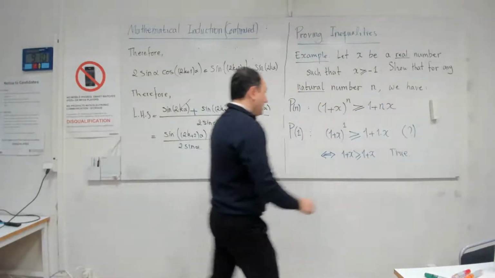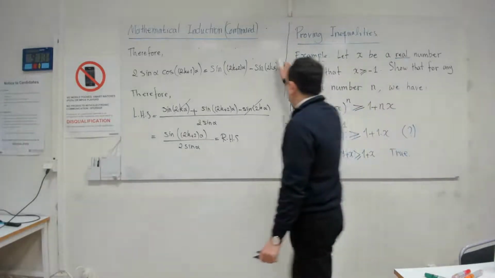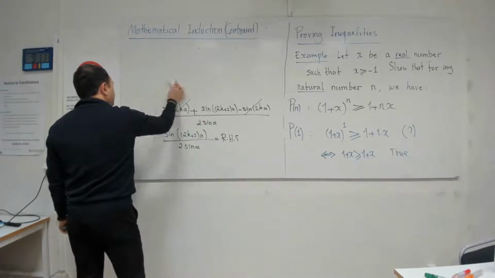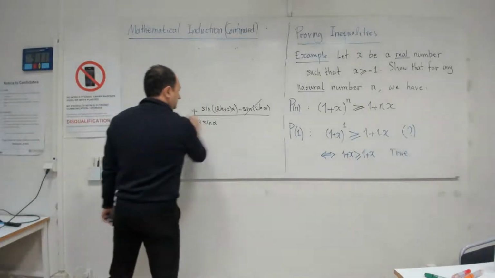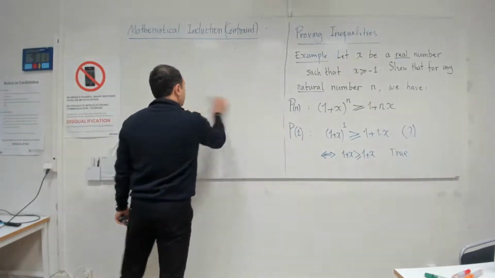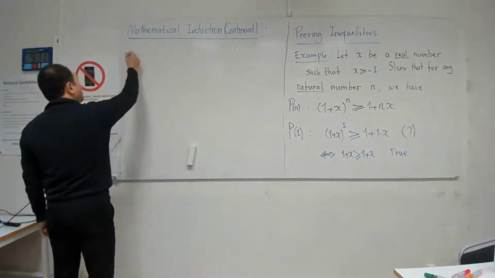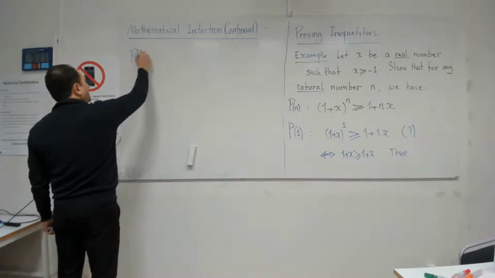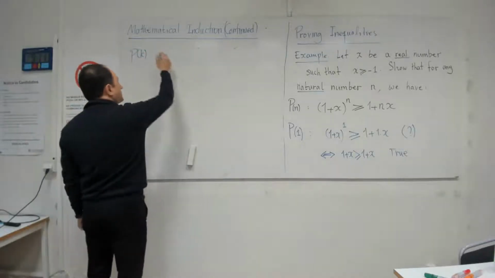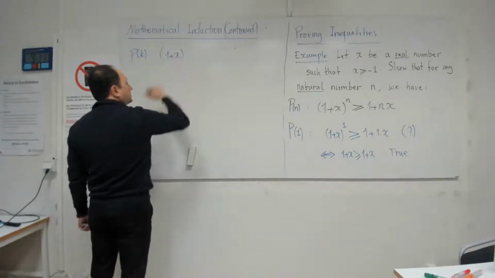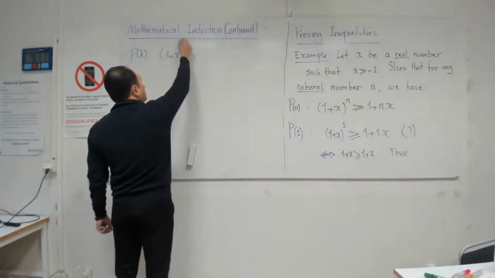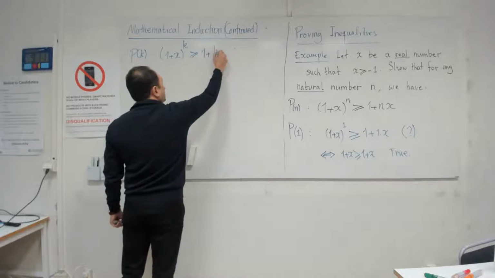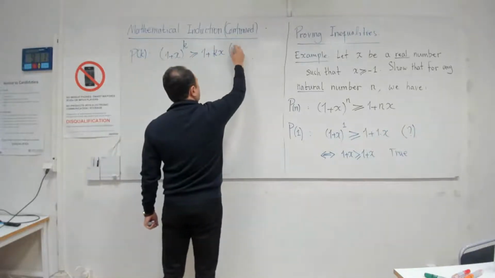Okay, now I need to write Pk and assume that this is true. So Pk, let me write with this blue one here again. So Pk is assumed to be true. What is Pk? It's very simple. Again, the same scenario: I just replace n with k everywhere. Assumed to be true.